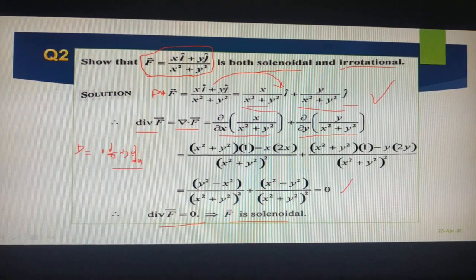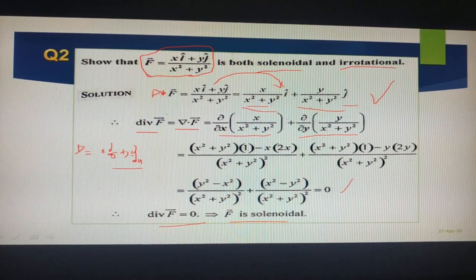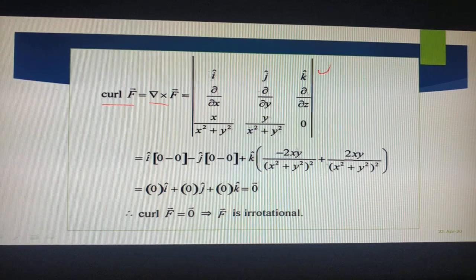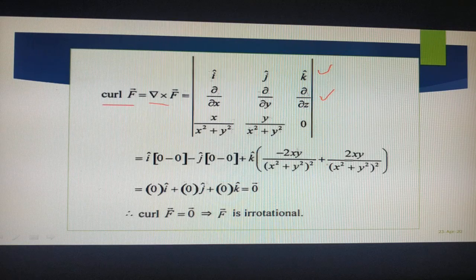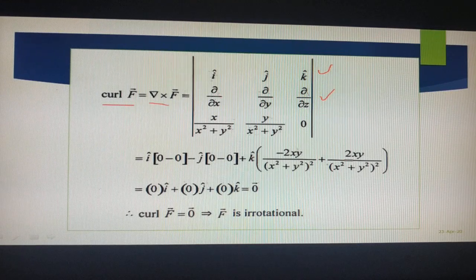For the same vector field, we have to show this vector field is irrotational. We have two components here. We have to take curl F, nothing but del cross F bar, and it should be equal to 0. So we have i, j, k. As usual in the formula, the first row we write with unit vectors, then dou by dou x, dou by dou y, dou by dou z.